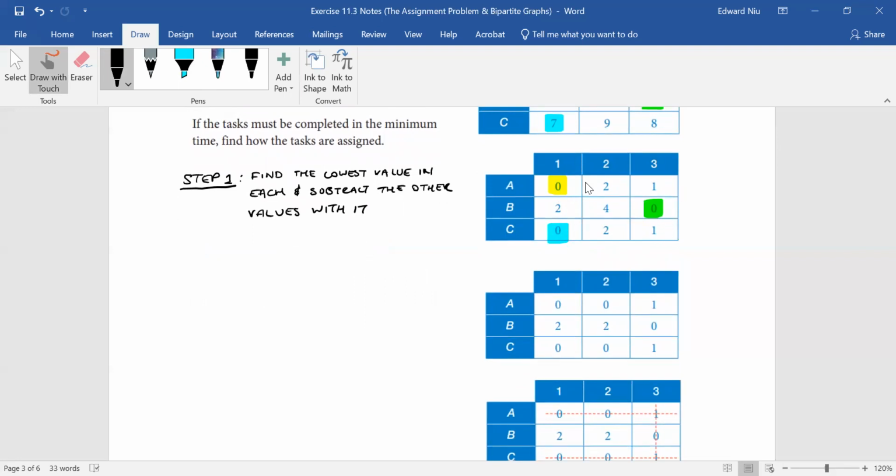Okay, so step 2 is, let me just write it first. So step 2, once we've done this, this is what we call row reduction. That's step 1. Step 2, we find columns with non-zeros.